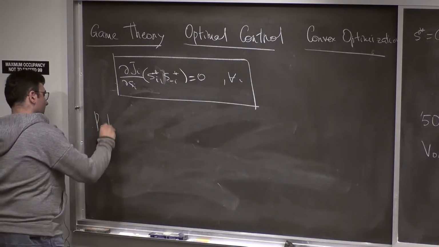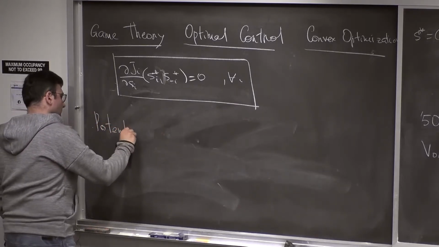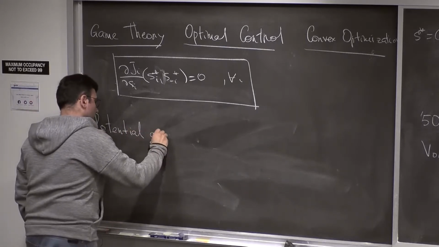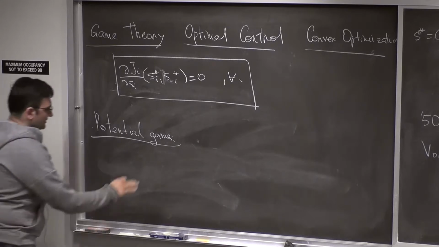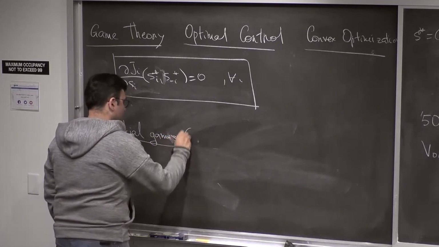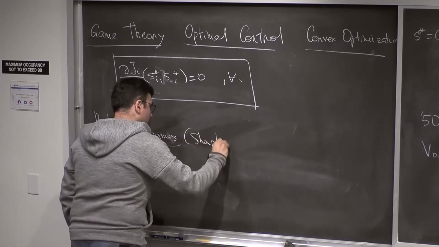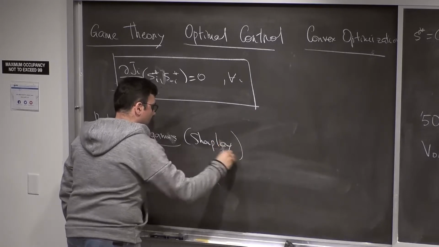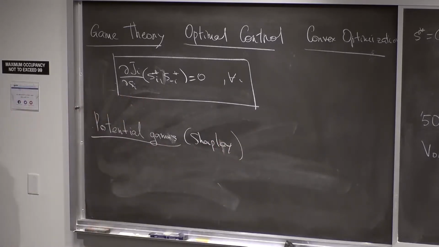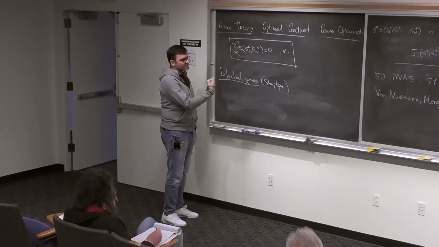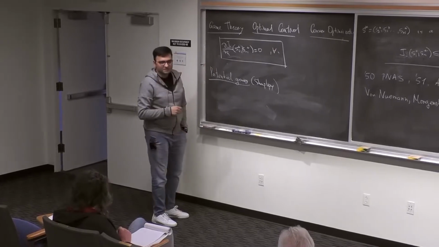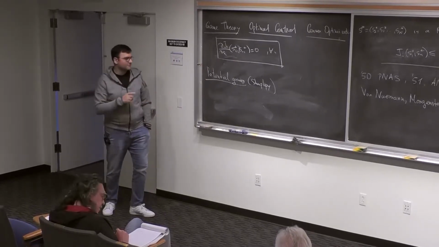So, potential games. There is a certain class of games considered by Shapley, which are called potential games, which puts structural conditions on these costs J_i, and it's the following.